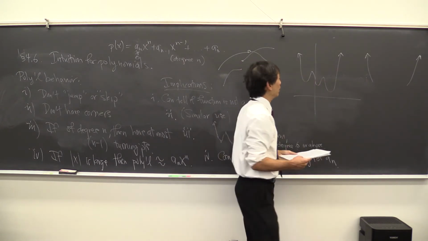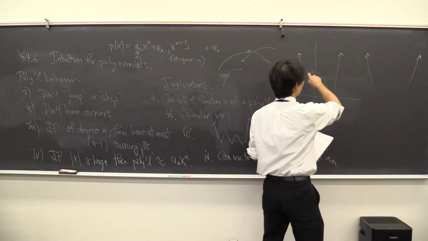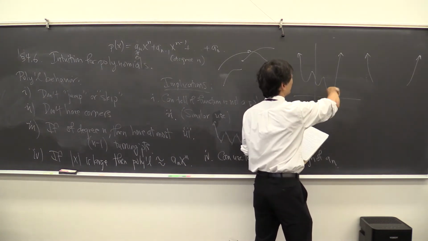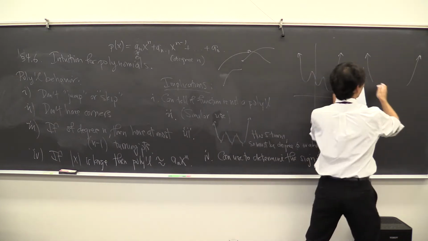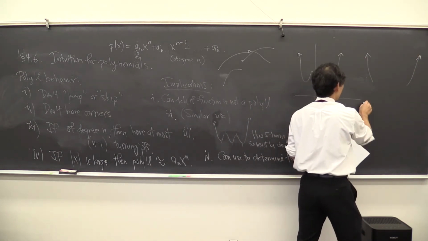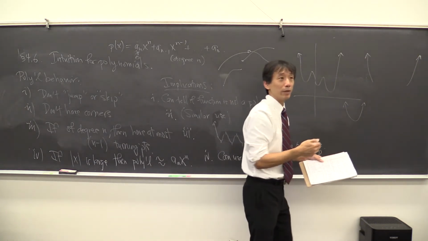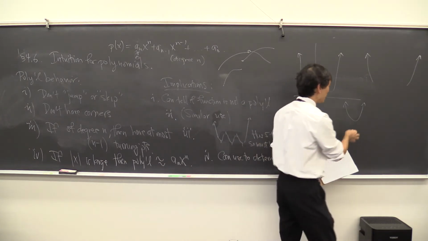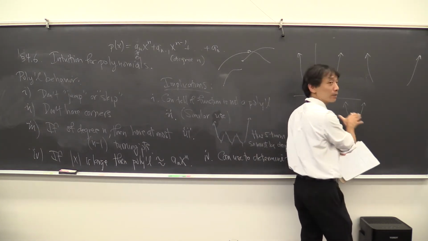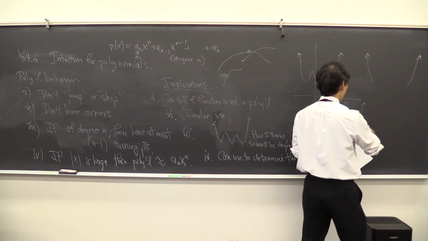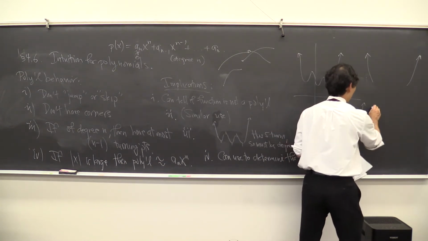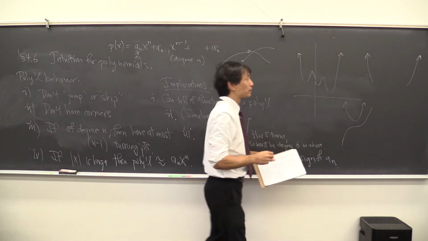This is something we mentioned last time. It's going to be an even polynomial, because the top term looks like an x squared function. What we said last time is that if it's even, roughly it looks like a squared function, and if it's odd, roughly it will look like the cube function.